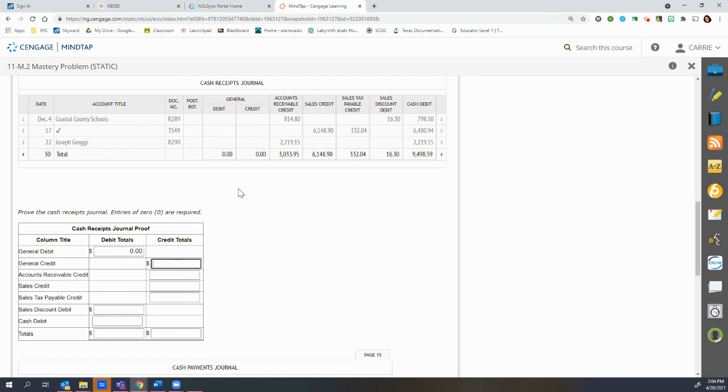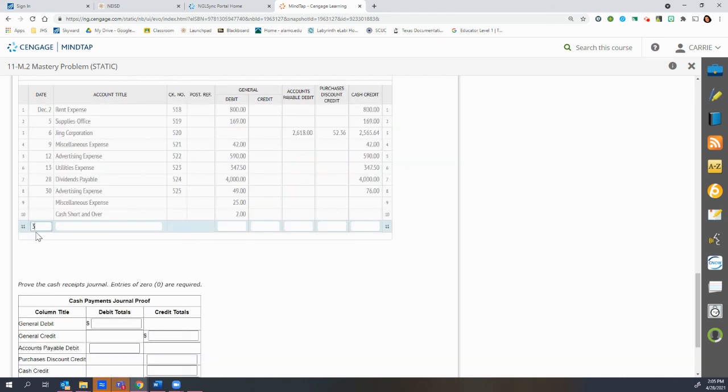Credit total, general is 0. Accounts receivable is 3033.95. Sales credit, sales tax payable credit, discount, and the cash. I have to add those up down the line. 9514.89. And then 3033.95, 6148.90, and 332.04 is 9514.89. So that balances.